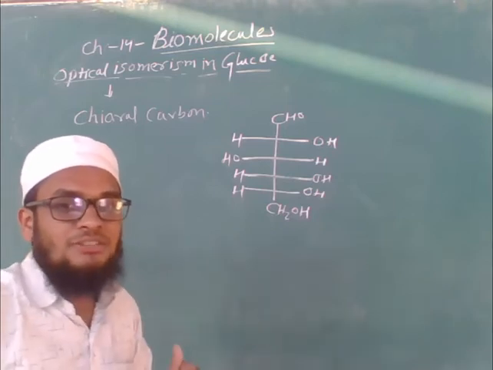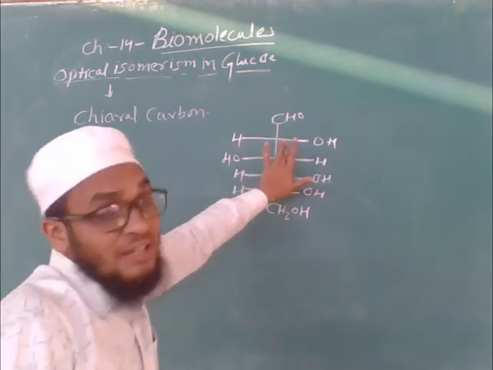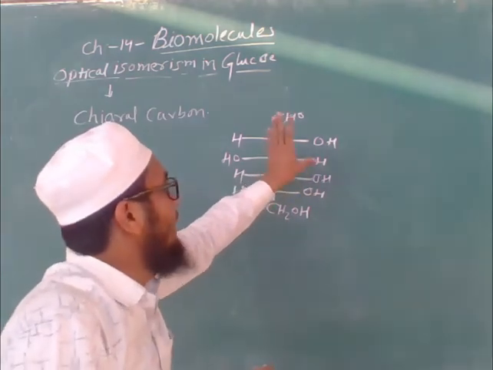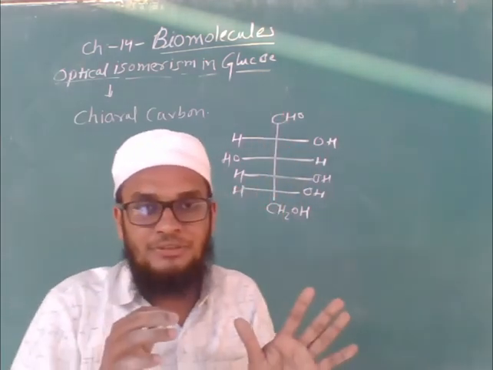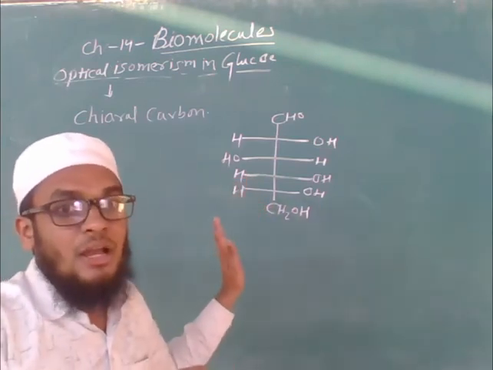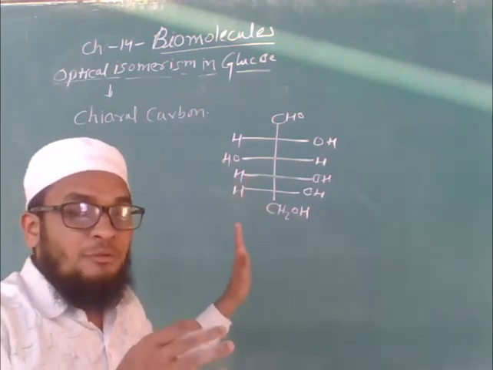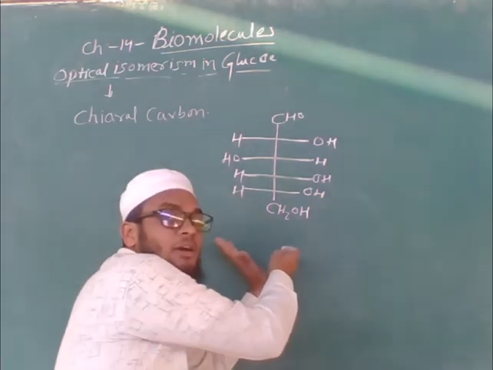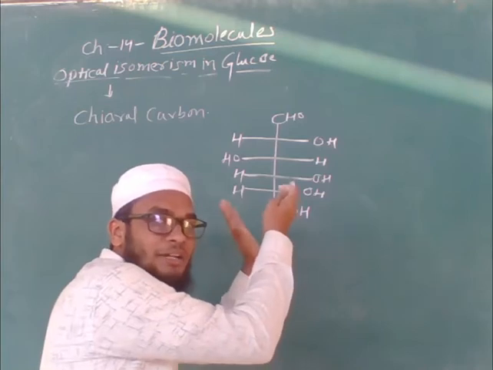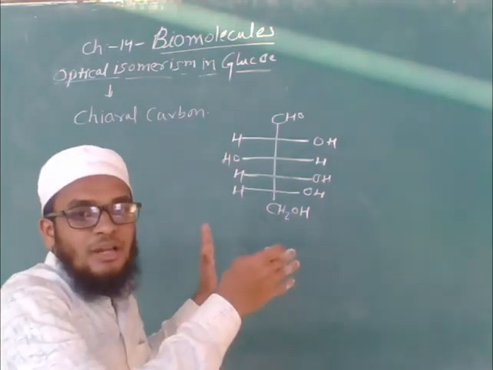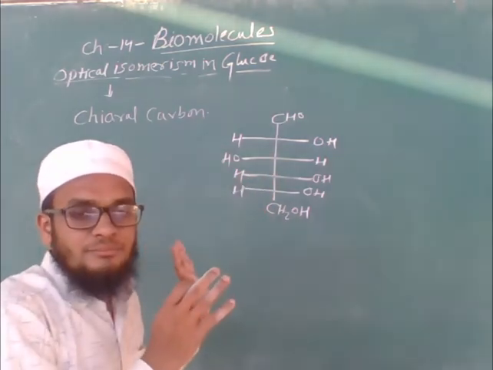The actual structure of glucose is in 3 dimensions. These chiral carbons have different arrangements in space, so it can be represented in 3 dimensions. But Fischer has given us this simple formula. Just draw it with vertical and horizontal lines and keep your groups there.